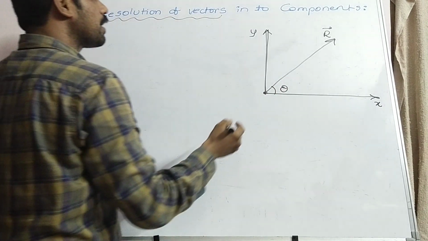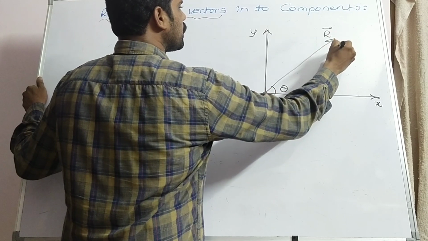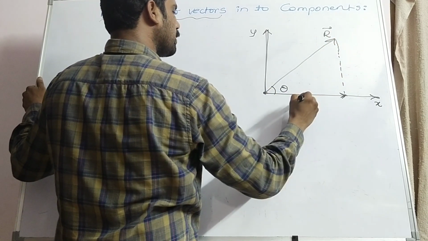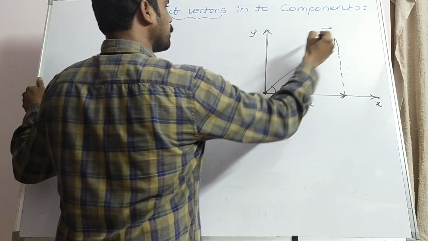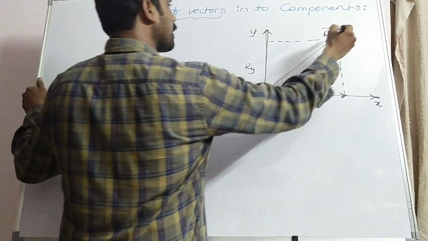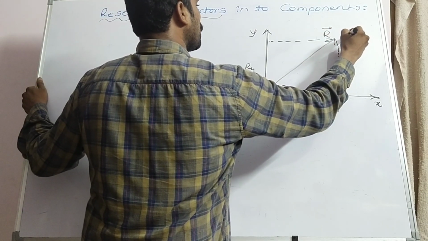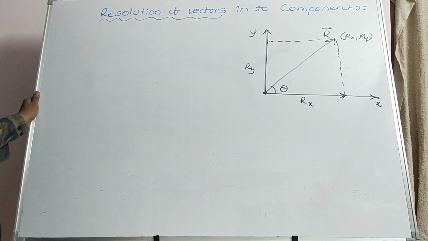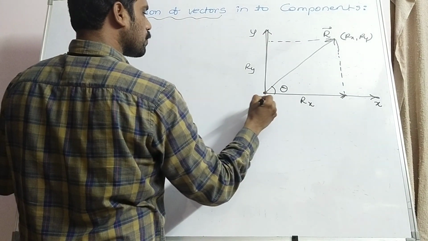Let us consider r bar occupies a certain distance, say rx, and here it occupies ry. Hence, the coordinates are rx, ry.